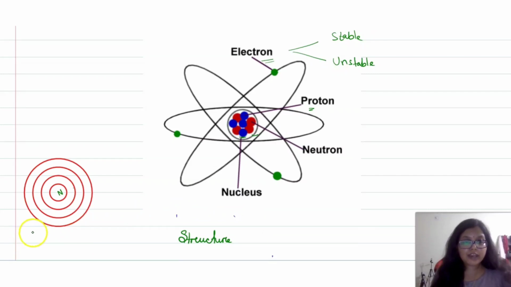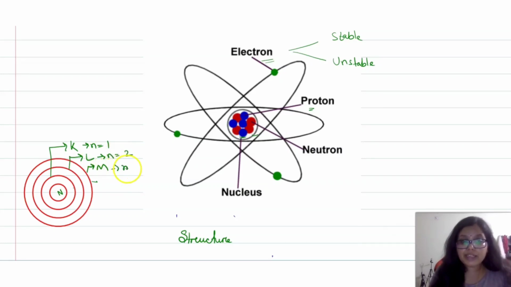See, in this diagram, these are your shells. Suppose this is the nucleus, and this is the K shell, this is the L shell, this is the M shell, and so on. The K shell is always denoted as n equals 1. In the L shell, n equals 2.